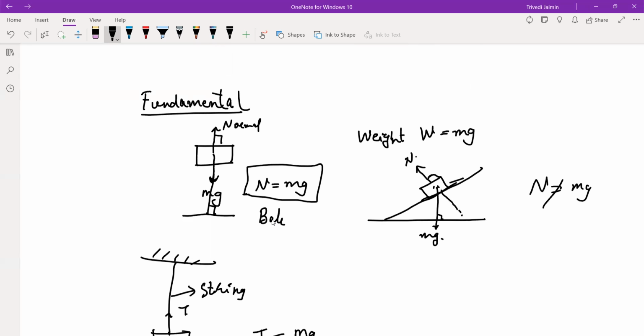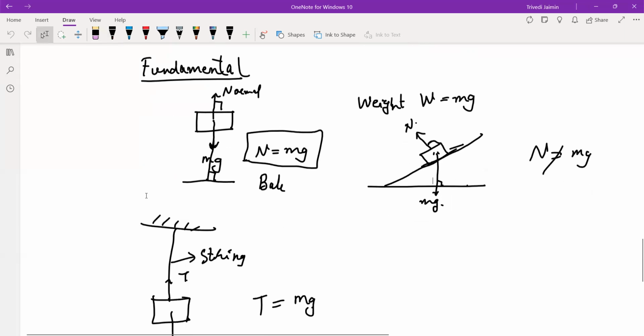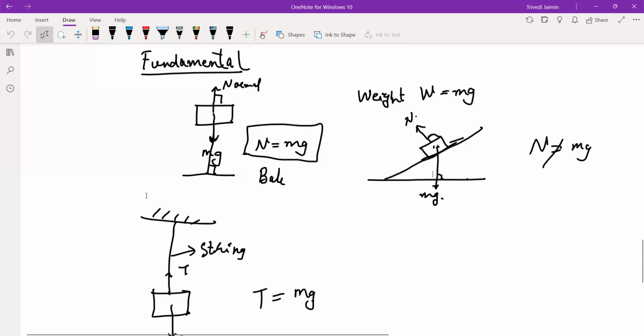So if I want to make N equal to mg, I need to do something here with the cos component, which you don't know right now, so I'm not showing you that. It should do something here so that N equals mg. Clear? Any doubt in these three diagrams? No, sir, no doubt.